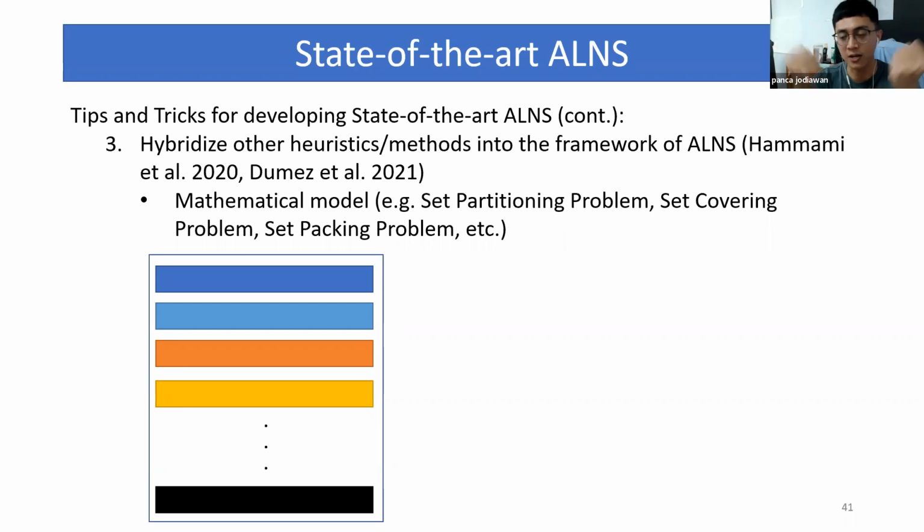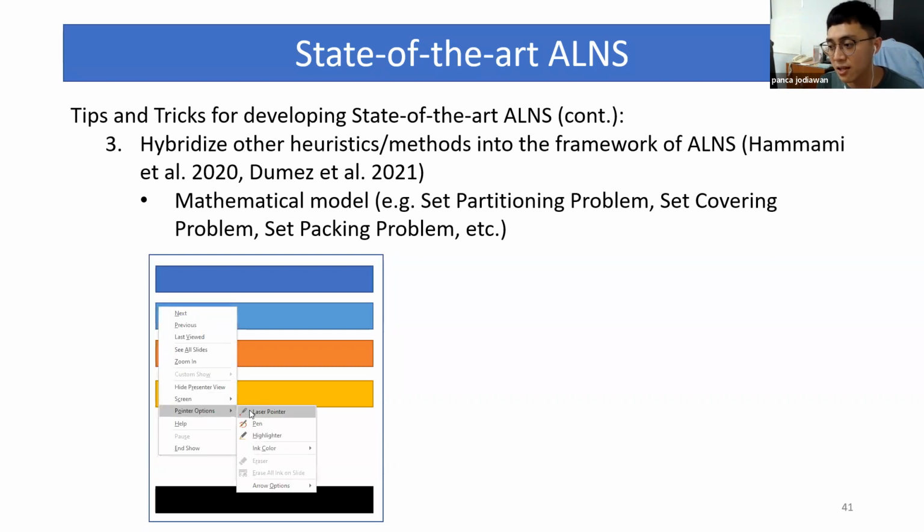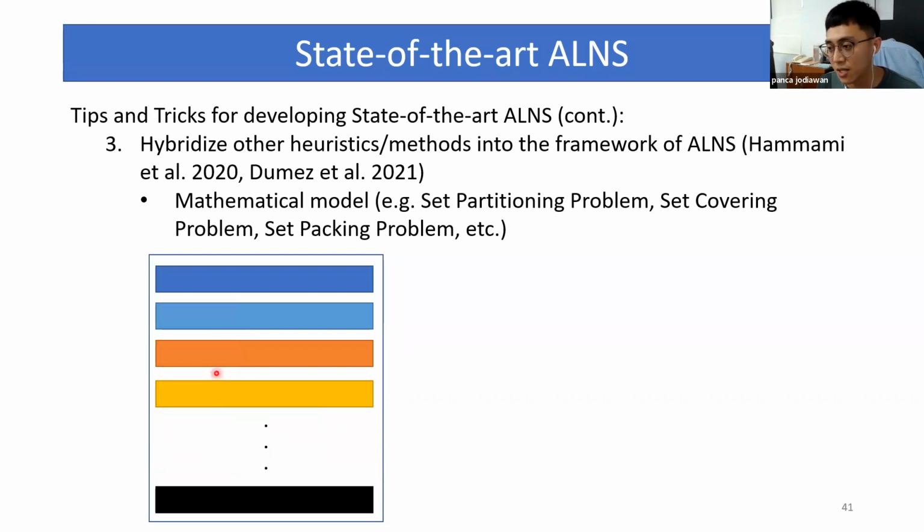But we can make use of the historical records of the routes. When you generate the routes in the first iteration, second iteration, third iteration, and so on, you collect all those routes. It is represented by these rows: this is the first collected route, the second collected route, and so on.